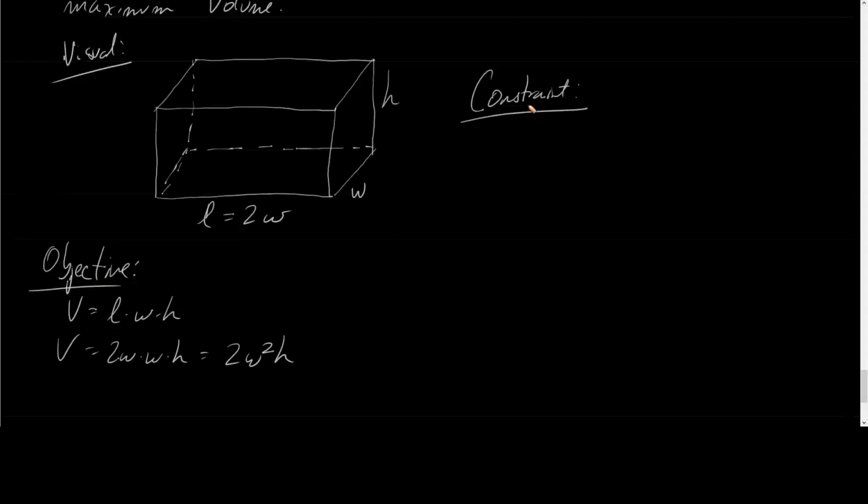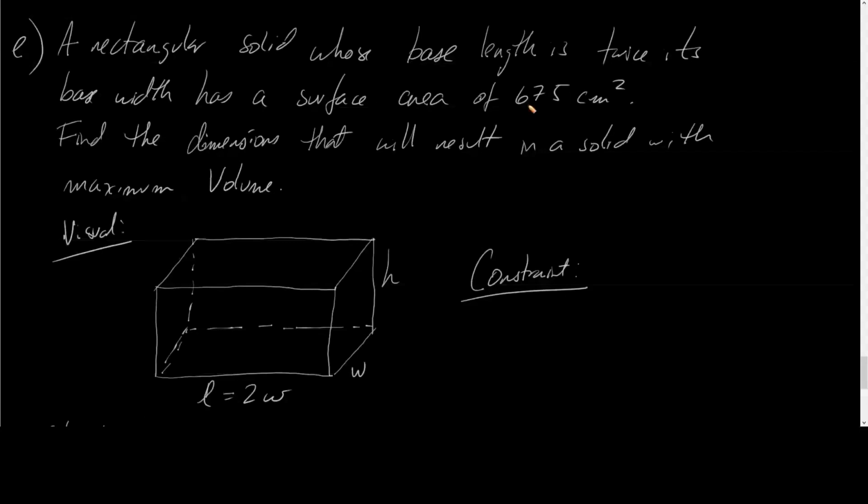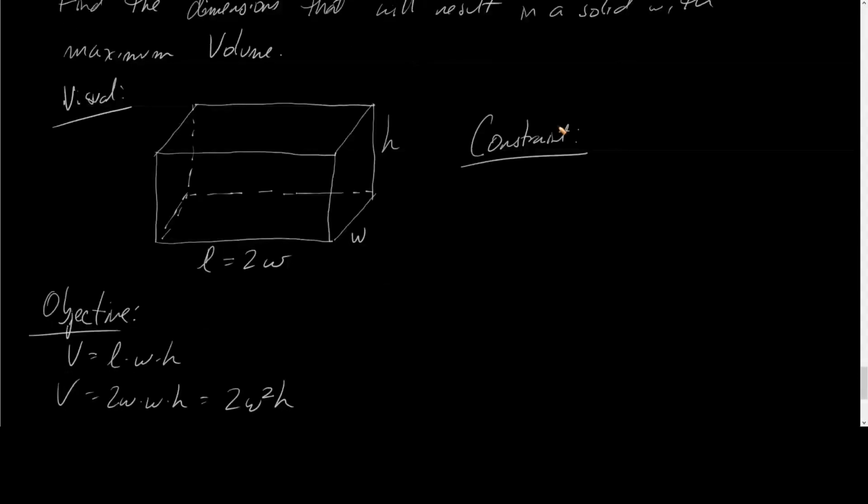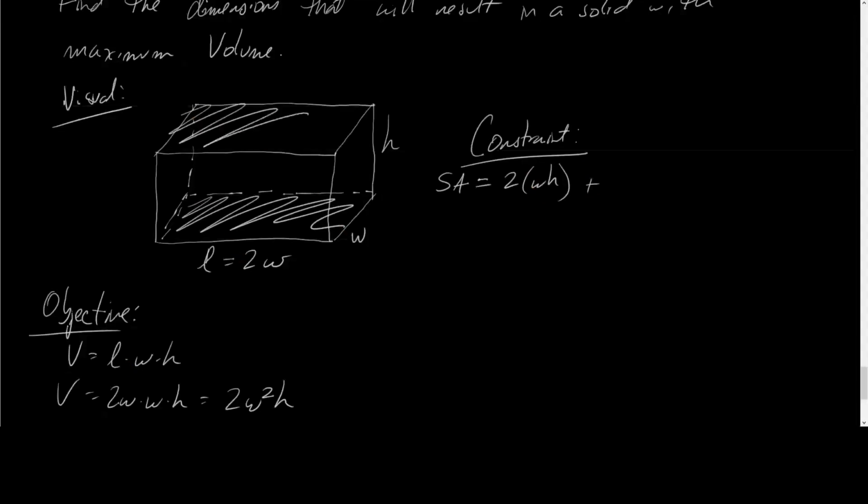Constraint. Our constraint is, well, what must hold true about this rectangular solid? What must hold true is that the surface area is 675 square centimeters. So the constraint is the surface area. So let's figure out what the surface area normally is. The surface area is the area of all the sides added together. So in here I have this one and this one are the same, right? So twice of that. So twice the area of the side, which was W times H, plus the bottom and the top.